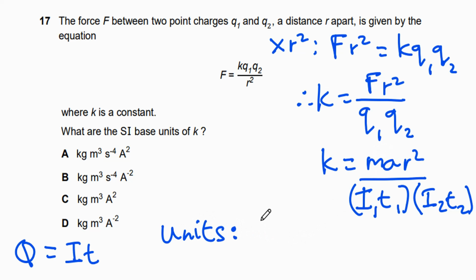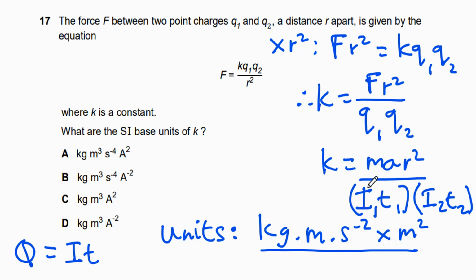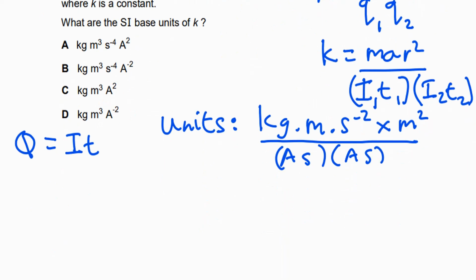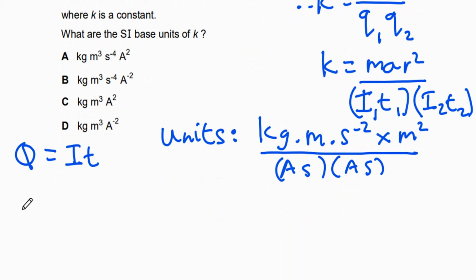M is mass, so that's in kilograms. Acceleration in meters per second squared. r is a distance, so that's in meters, so it's r squared, so meters squared. The current here will be in amperes, and the time in seconds. So A s times A s. We can simplify this. I'm going to continue over here. M times m squared is m cubed.